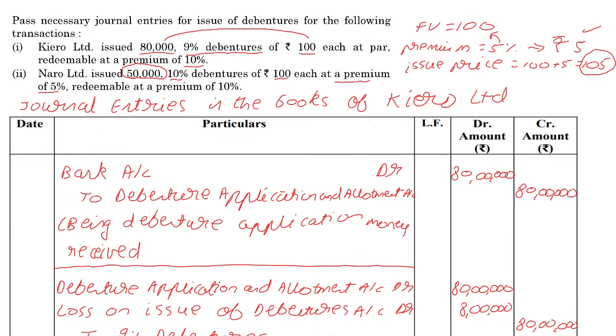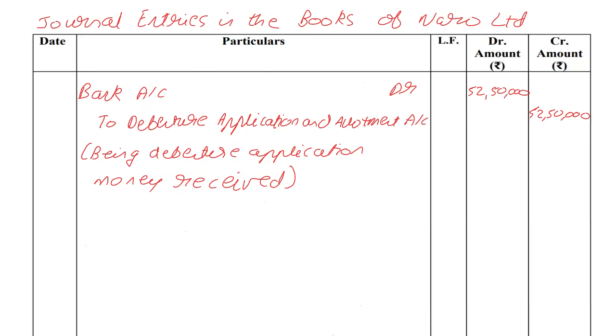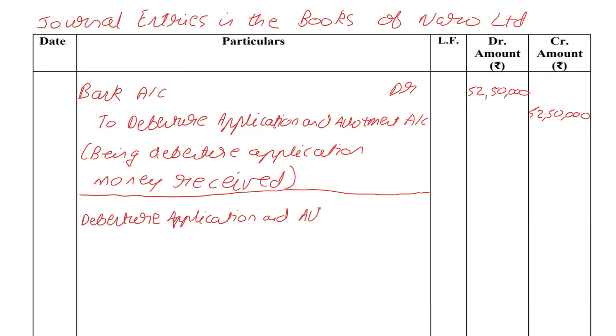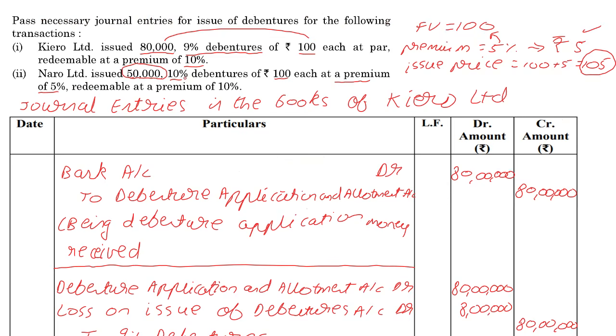What I'm going to do is first make the standard journal entry and then we'll enter the numbers. So debenture application and allotment account debit to percentage debentures. Always remember we make a line after every entry. Now it'll be a good time to check what percentage.